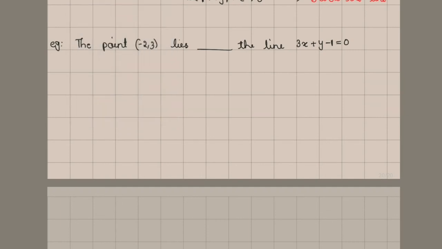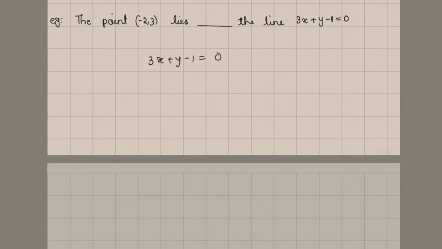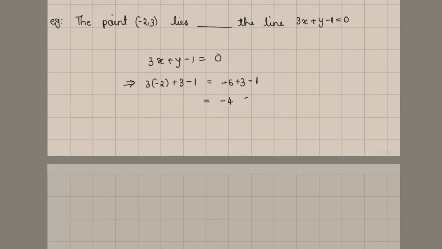What do you get? Here the coefficient of y is greater than 0, which gives 3 into minus 2 plus 3 minus 1, which equals minus 6 plus 3 minus 1, which gives minus 4, which is less than 0. This means the point minus 2 comma 3 lies below the line.